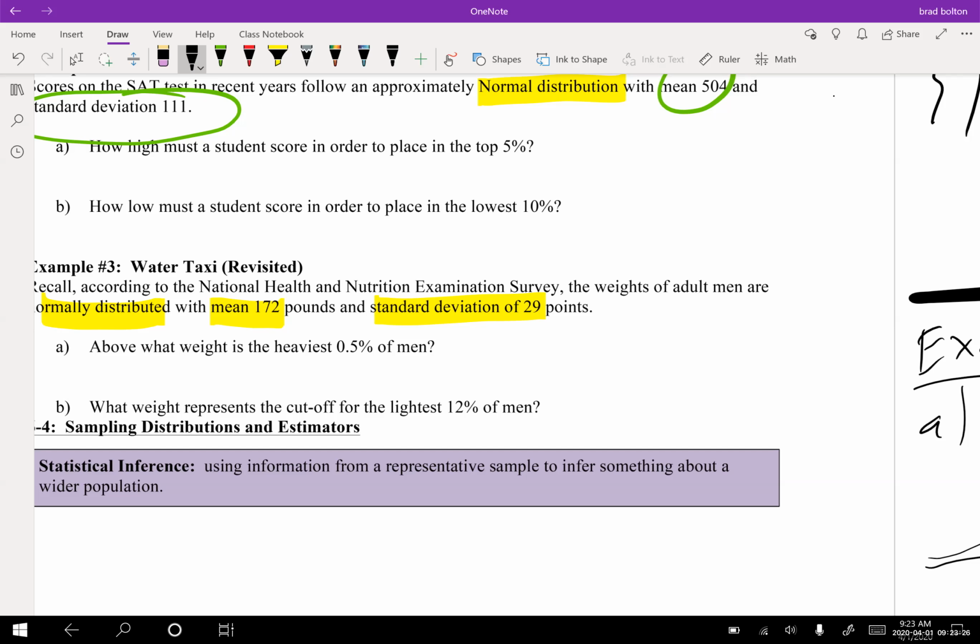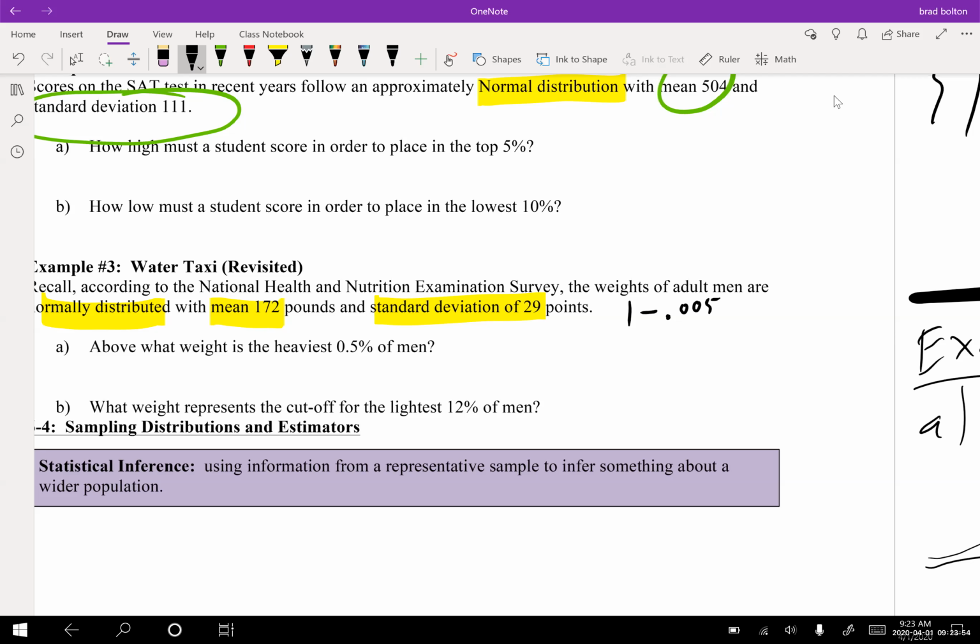Okay, 0.5%. So what we're going to do is 1 minus 0.005, because 0.5% is not even 1%. 1% would be 0.01.